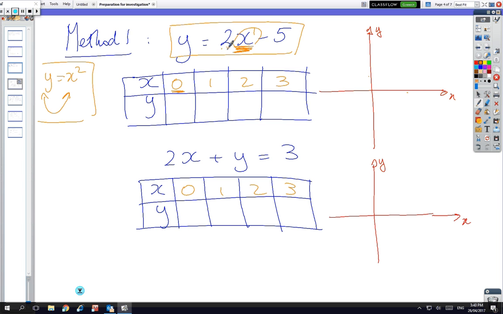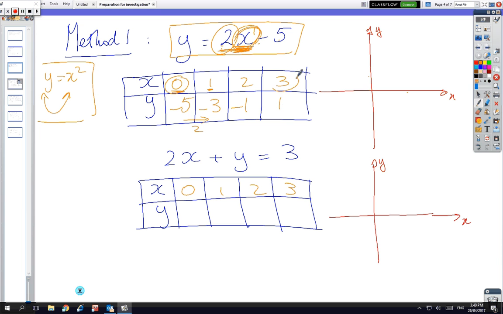This says 2 times x, so 2 times 0 is 0, and then 0 minus 5 is minus 5. Next number is a 1, so 2 times 1 is 2, 2 minus 5 is minus 3, and you'll see that it's going to go up in 2s because that's the number in front. So you don't need to work out the other ones. That's going to be the pattern.